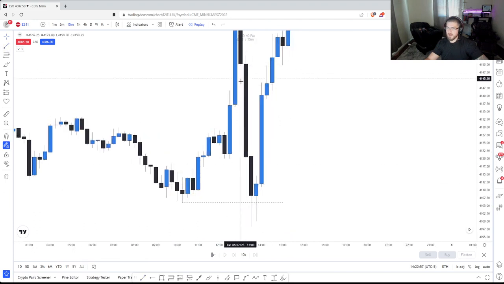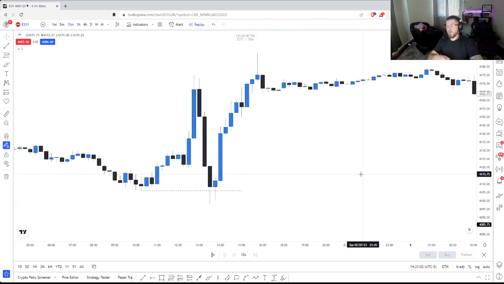Yes, it left fair value gaps here, but this isn't going to be displacement. I guess this would be a better way to put it: fair value gaps are a way to identify institutional involvement. So you have to ask yourself, is that institutional involvement meant to be a raid on stops, a manipulation, or is it meant to be a continuation and a move that ensues after a raid on stops?